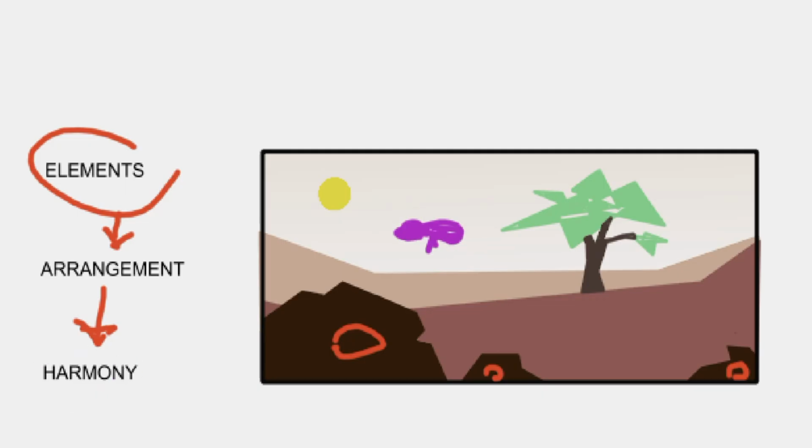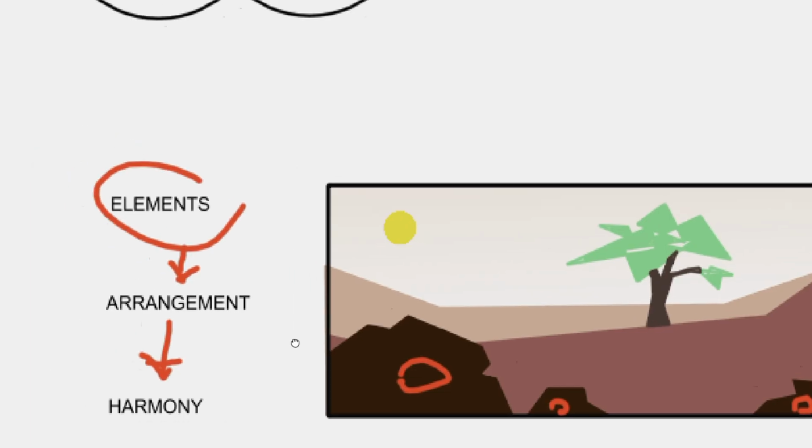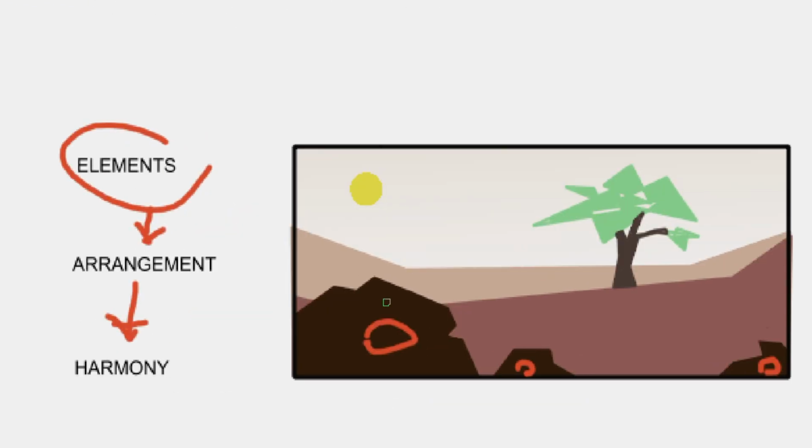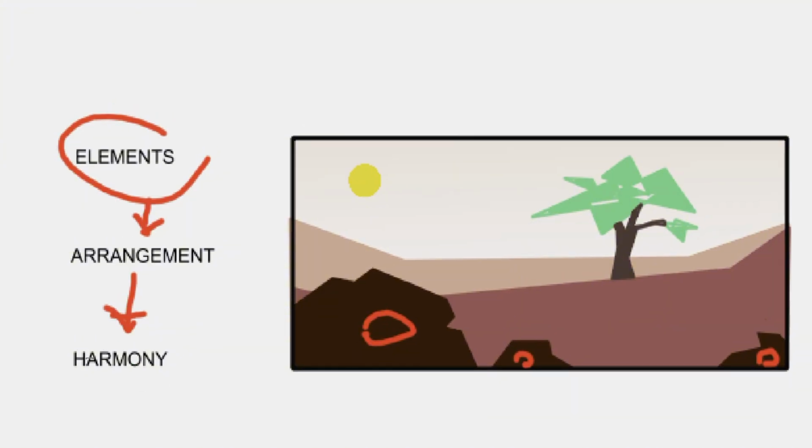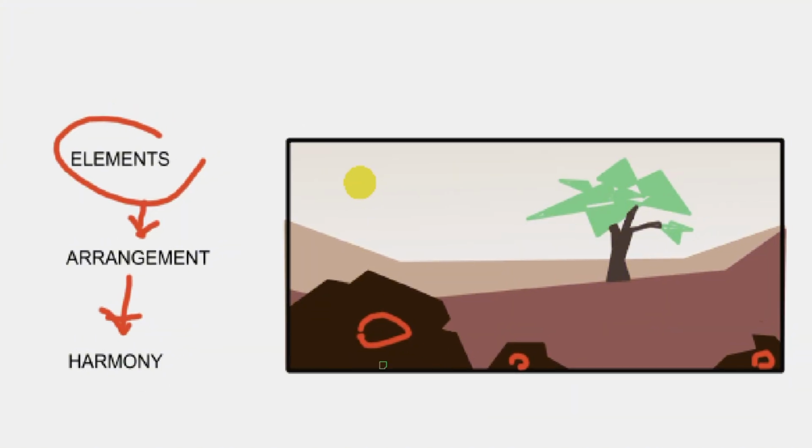So that's it basically. The elements are the building blocks. The arrangement or composition is precisely how you build, and the harmony is the pattern that you begin to see after the building. So if I stack a bunch of blocks on each other, I'm using a precise arrangement.